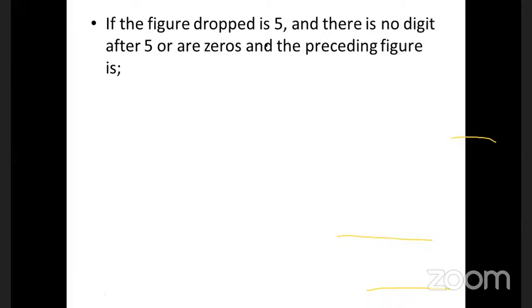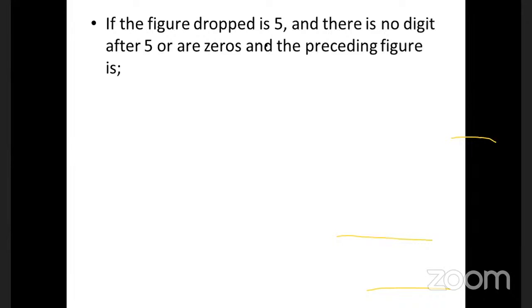If the figure dropped is 5 and there is no digit after 5, or there are zeros after 5, we look at the preceding digit, whether it is an even number or an odd number.